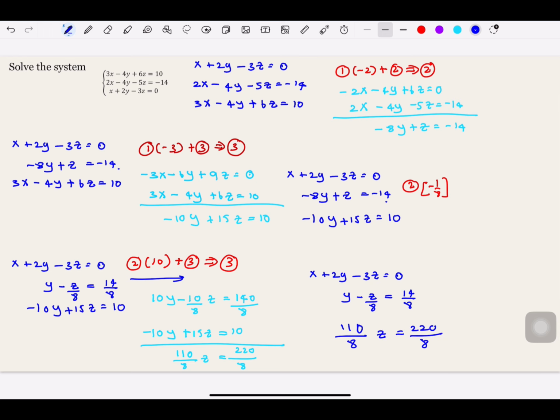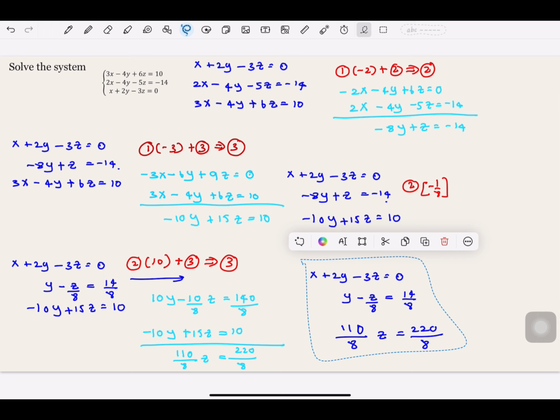So now you have to solve this system of equations, and this is in triangular form. You don't have to do any other reformulation. You just have to use these three equations to solve for these variables.